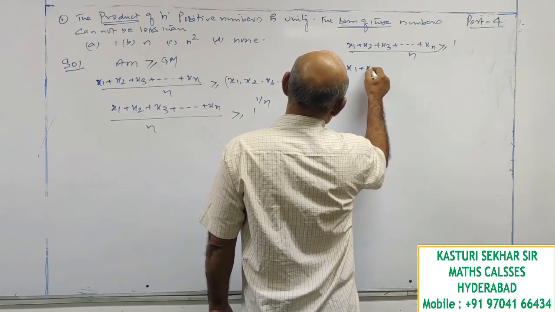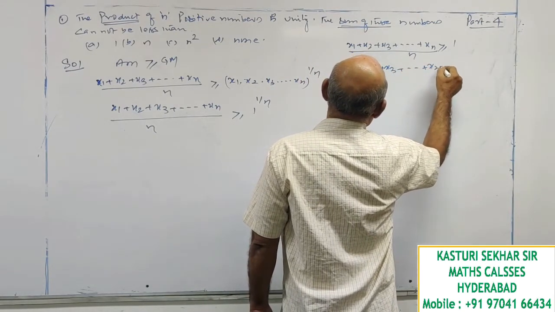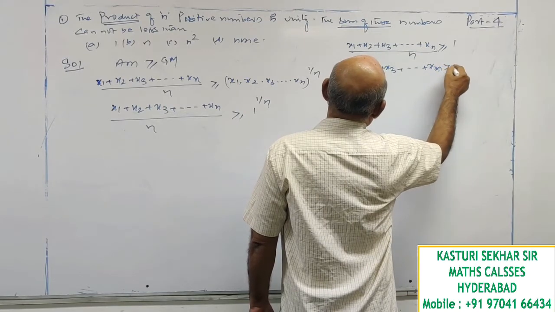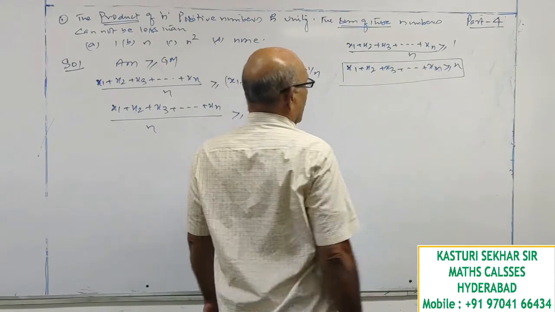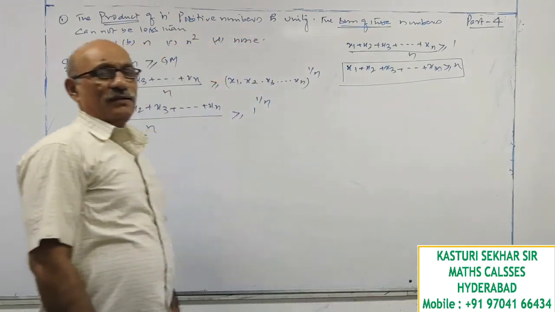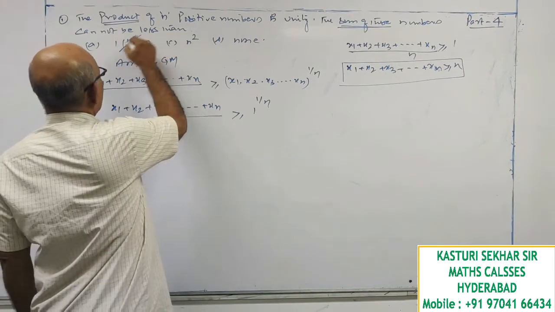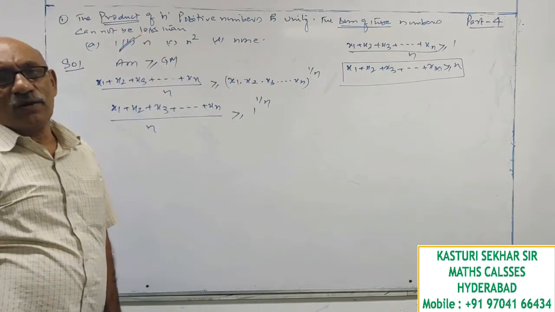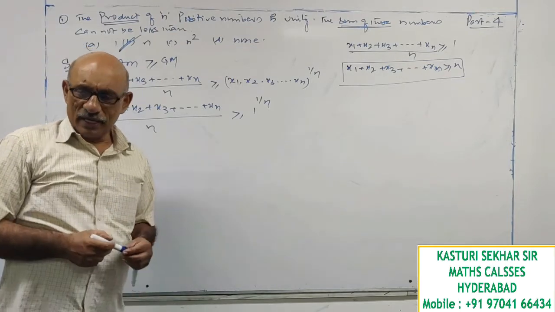So x1 plus x2 plus x3 plus etc plus xn is greater than or equal to n. So it is not less than n, it is greater than or equal to n. Option B is the answer for this question. Okay.